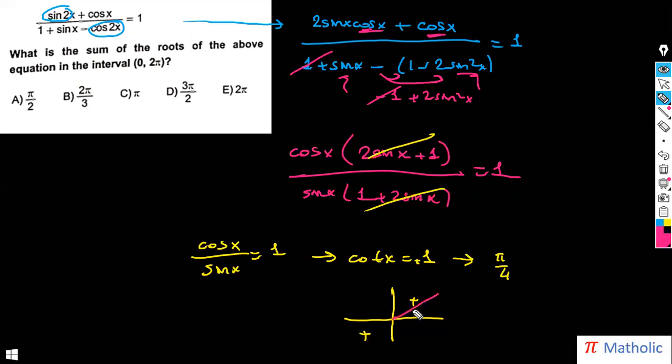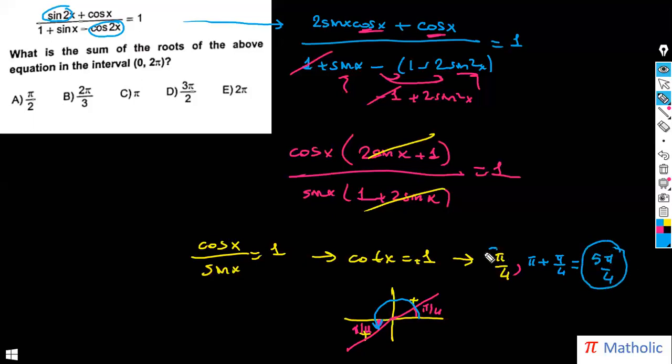Which means this angle is pi over 4 and this angle is pi over 4. The first one I already wrote down, and for the second one I have to start from here to here, which makes pi plus pi over 4. Or we can say the period of the cotangent is pi, that's why we have to add pi. So this will be 5 pi over 4.